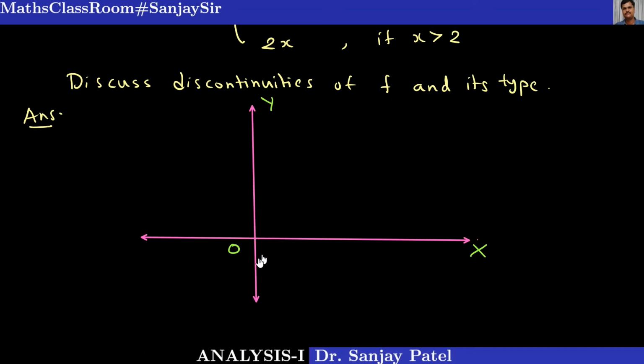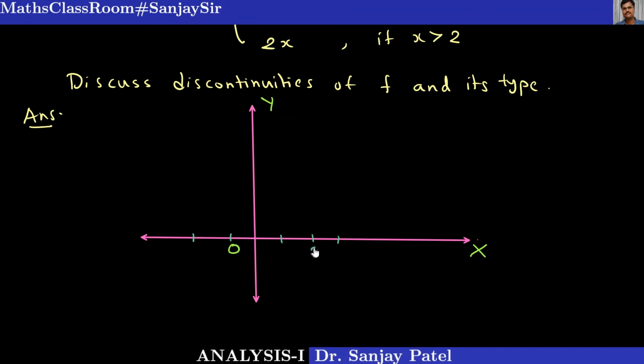So this is 1, this is 2, this is 3, this is minus 1, this is minus 2, like that.